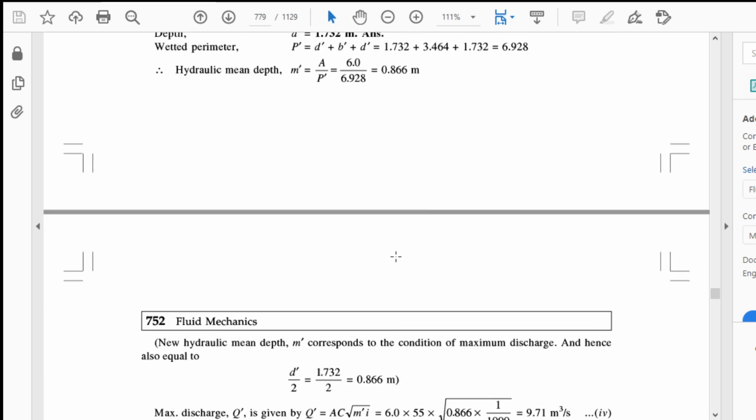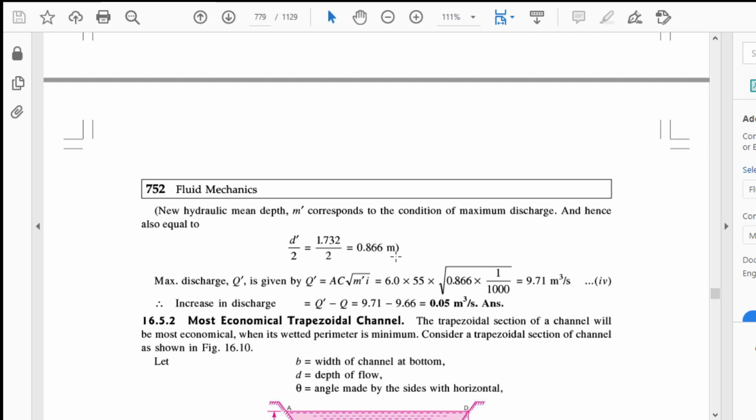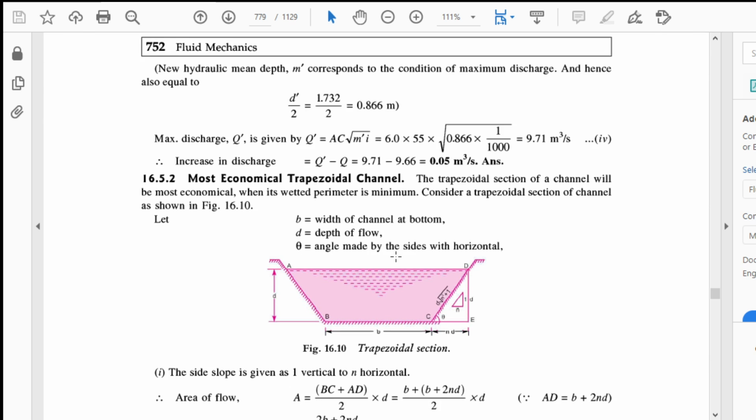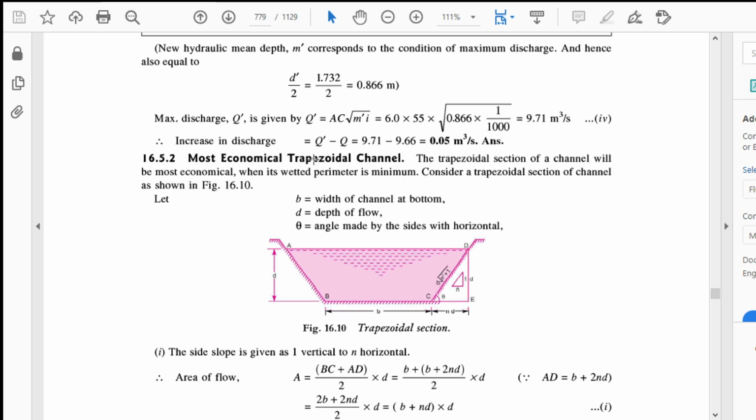By using these quantities, you can find out the new discharge, that is the maximum discharge for that rectangular section. Q dash will be A C root of M dash into I. Here, for the new discharge, you can see that the area of flow is constant, because they have given the condition that the area of flow should be constant for the original and for the new dimensions also.